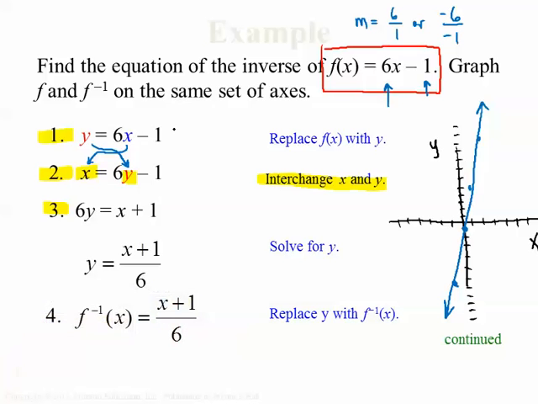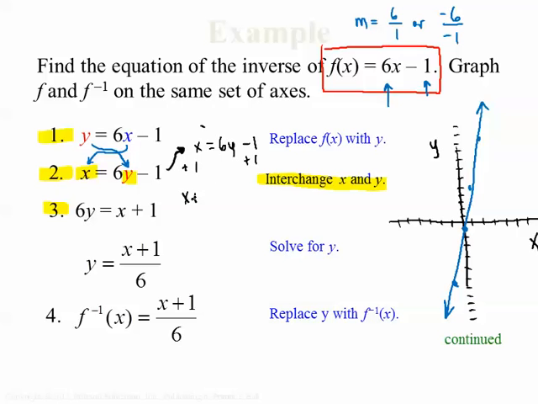They took this and they added 1 to this side. Oh, excuse me, they had already interchanged these. Okay, they added 1 to both sides and then they reflected the equation.